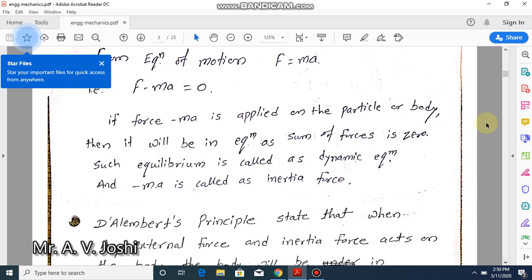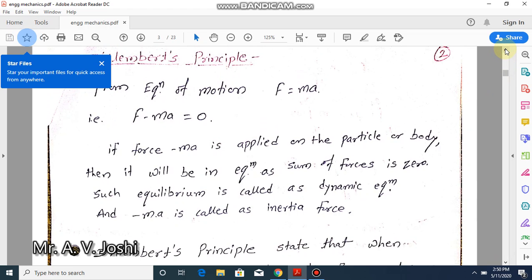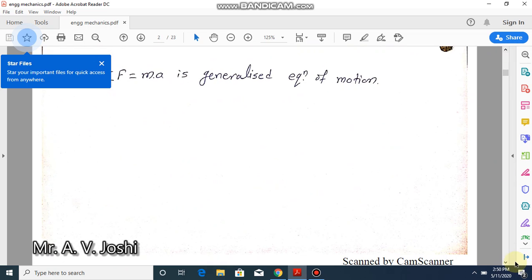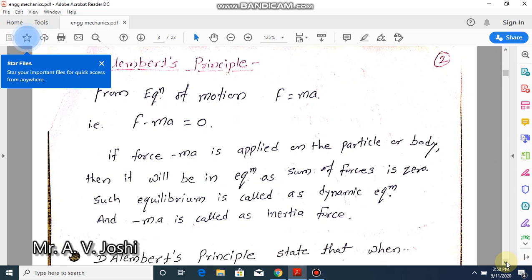The next main point is D'Alembert's principle. For D'Alembert's principle, some basics: we have already derived from the equation of motion F equal to ma, that is F minus ma equal to 0.